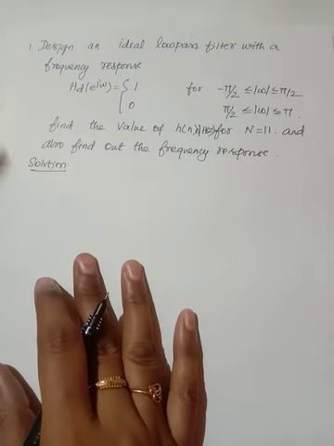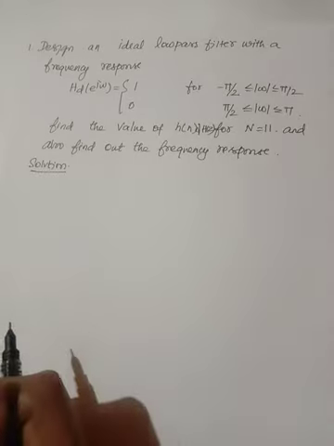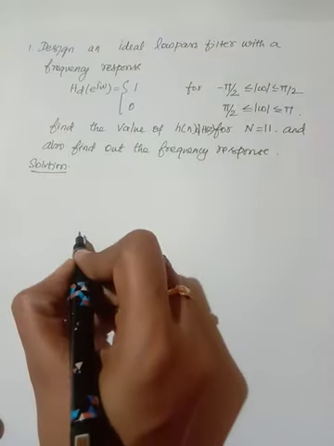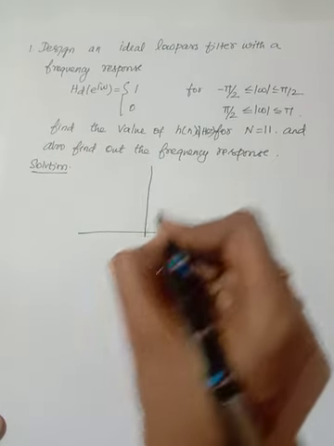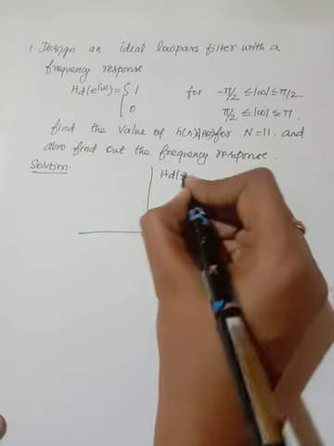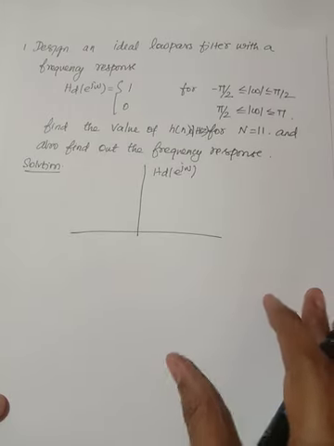So now we will see the problem. We need to design an ideal low pass filter with the frequency response Hd of e power j omega equal to 1 for that particular range and 0 for this range. What is the first step? We need to first draw the given response. So I am going to draw the given response Hd of e power j omega and find which type of filter it is.